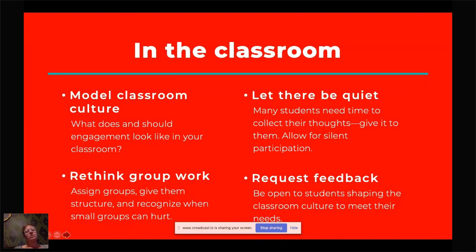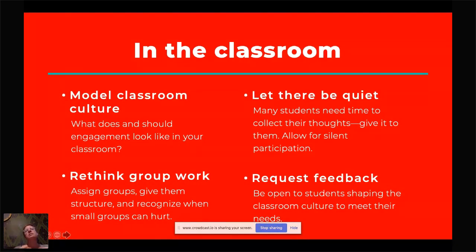But finally, recognize that sometimes small groups can hurt. So in classes where the subject material is really sensitive, putting people in small groups with other people who might not necessarily share everybody's background can be really challenging.